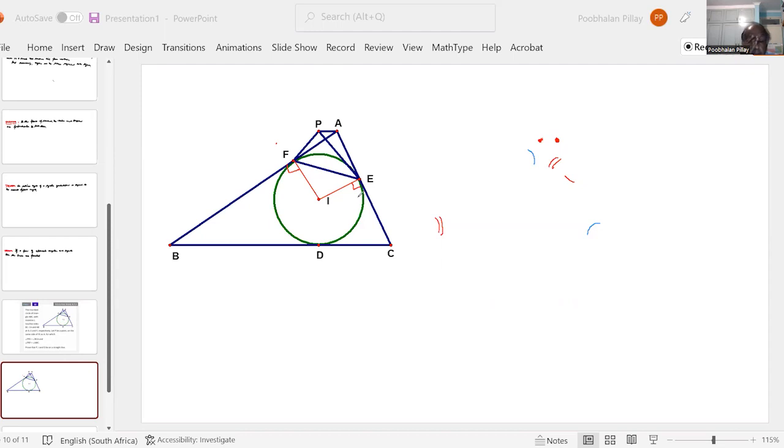Okay, so it means that we've got an exterior angle of this quadrilateral. Now let's focus on this quadrilateral here, which has two red lines, AF and AE. AFIE. You can see that this opposite angle is 90 degrees here, so the other opposite angle there is 90 degrees also, because this is 90. The opposite angles are supplementary. And the conclusion is that this quadrilateral AFIE is also cyclic.